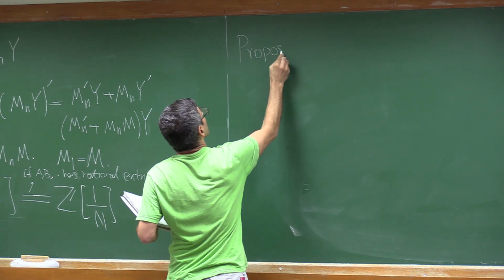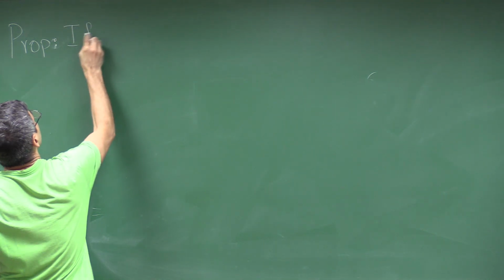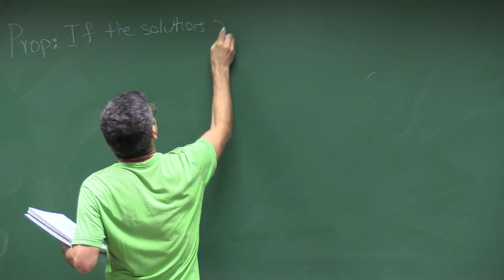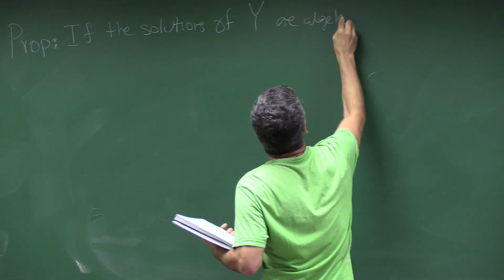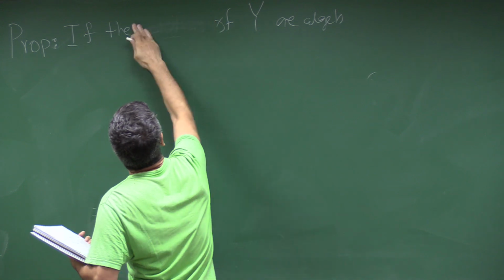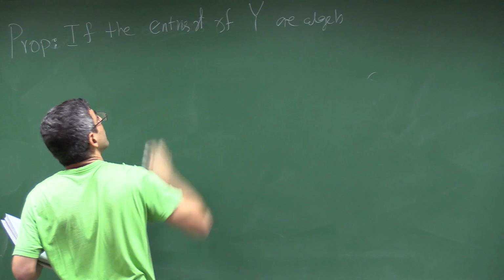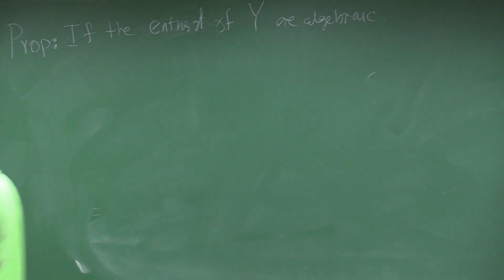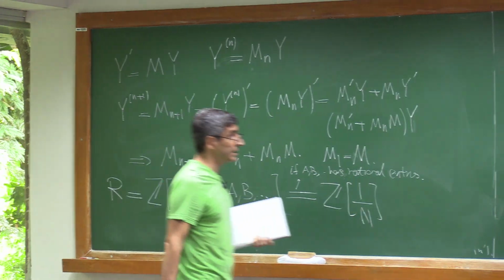Proposition: if the solutions, the entries of y, are algebraic. So this way. And then there is something arithmetic happening.